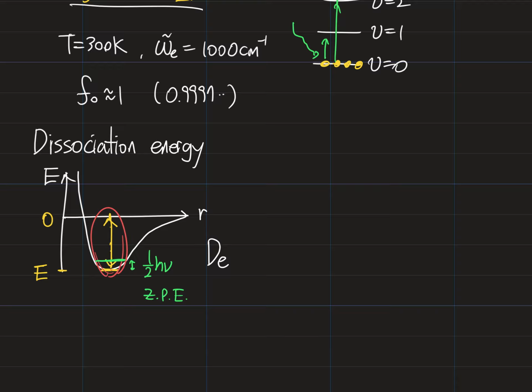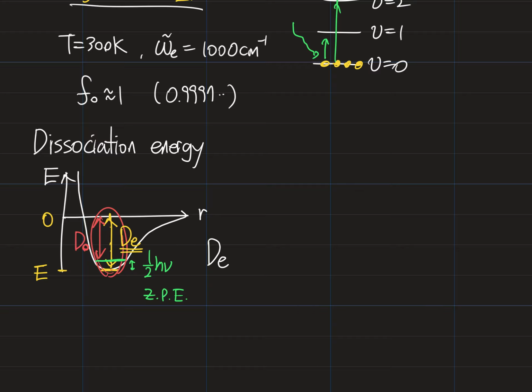So if you actually measure the dissociation energy of this molecule, you will observe D0 rather than De. So De is considering only the electronic part of the molecule. So there is no consideration of molecular motion. So we can say that De is the electronic energy required to dissociate the molecule into the atoms.